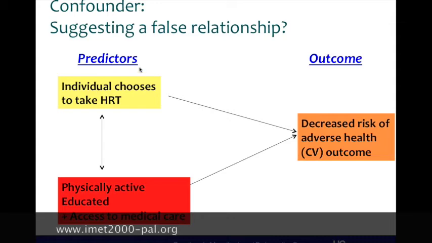Another one would be the hormone replacement therapy. If an individual takes hormone replacement therapy in an observational trial, that appeared to actually decrease the risk of adverse cardiovascular outcomes. Well, what we didn't think about was that the choice to have hormone replacement therapy is made by a specific kind of patient, and one who's presumably more physically active and concerned about bone density, one who's more educated and more affluent, has better access to medical care.